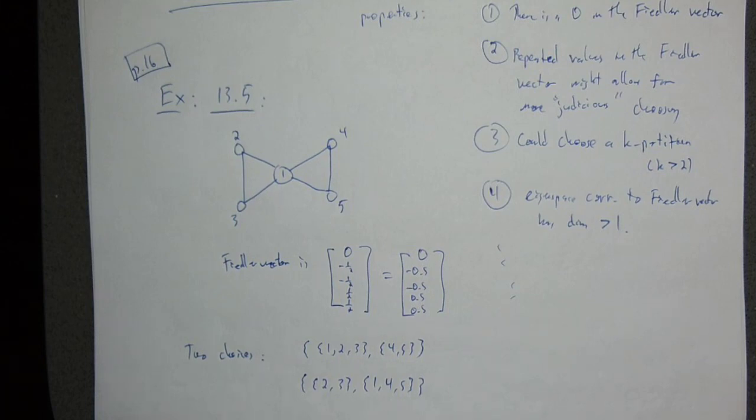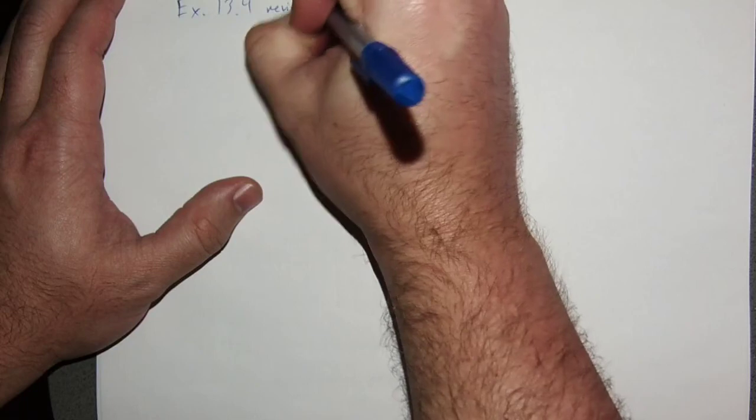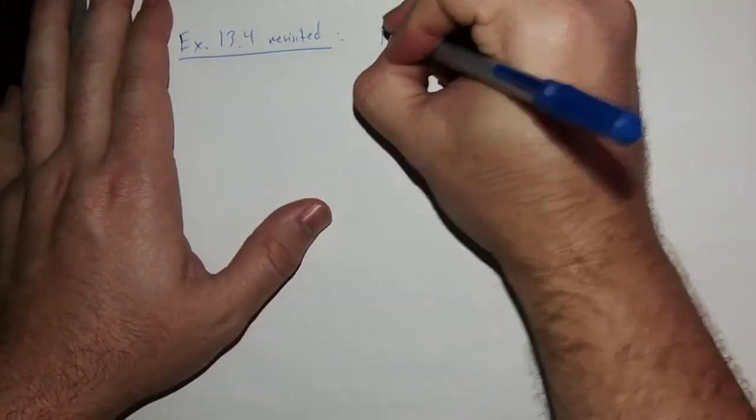So you can look at this fish example, 13.4 revisited. In this fish looking example, we already saw what the vector looks like. You can note that a lot of the entries come in pairs, and that is done at the top of page 18.